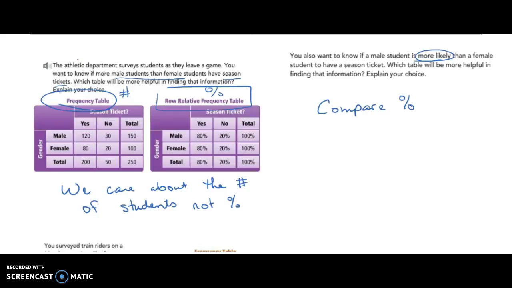So because of that, the row relative frequency table is going to do this because we can identify men who have the ticket and women who have the ticket. And so we're comparing the percents because right here we can see that we don't have the same number of people that we have asked.